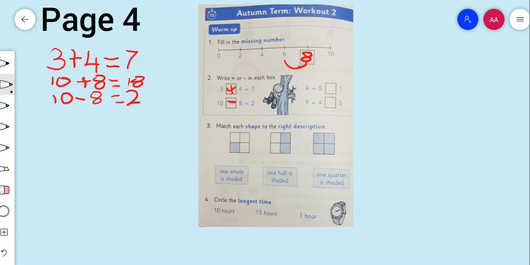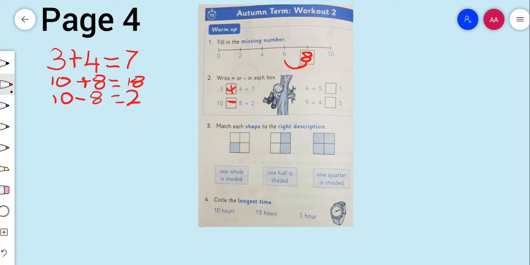Now let's go to the number 3 equation, which is 4 is equal to 5 something 1. So that is the same but written in the opposite way. So this is where we're going to plus or take away, and this is the answer.